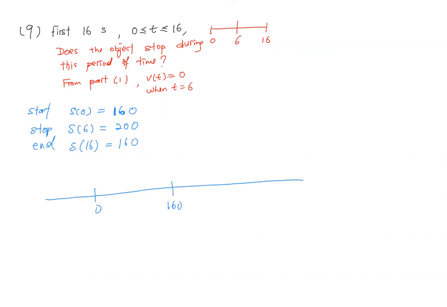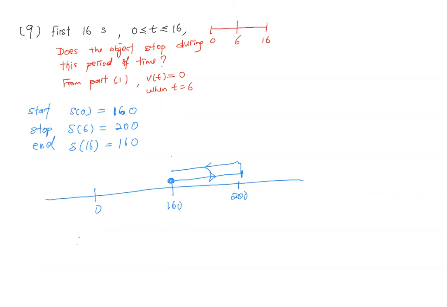160 from here, move to here, 200 to the right. Then after that, make a U-turn, move to here, right? So back to 160.